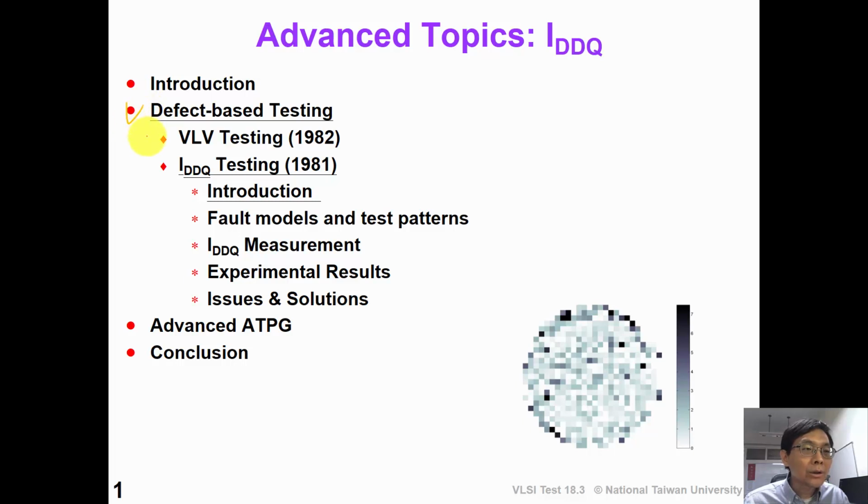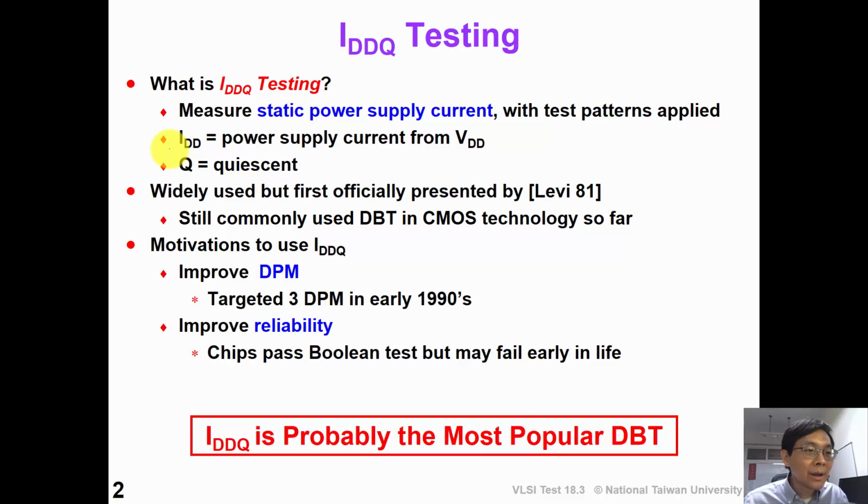Today we are going to talk about a very important DBT technique, IDDQ testing, which was proposed very early. So what is IDDQ testing? In IDDQ testing, we measure static power supply current with certain test patterns applied.